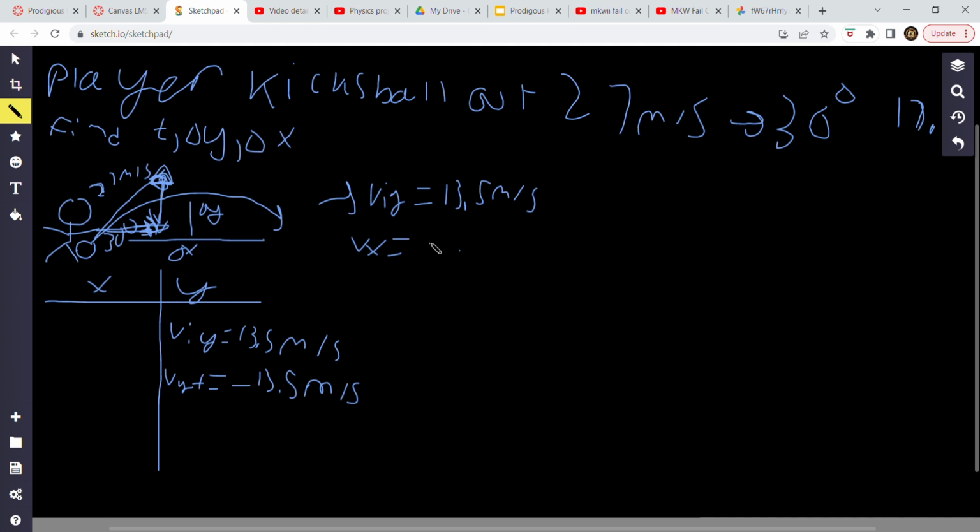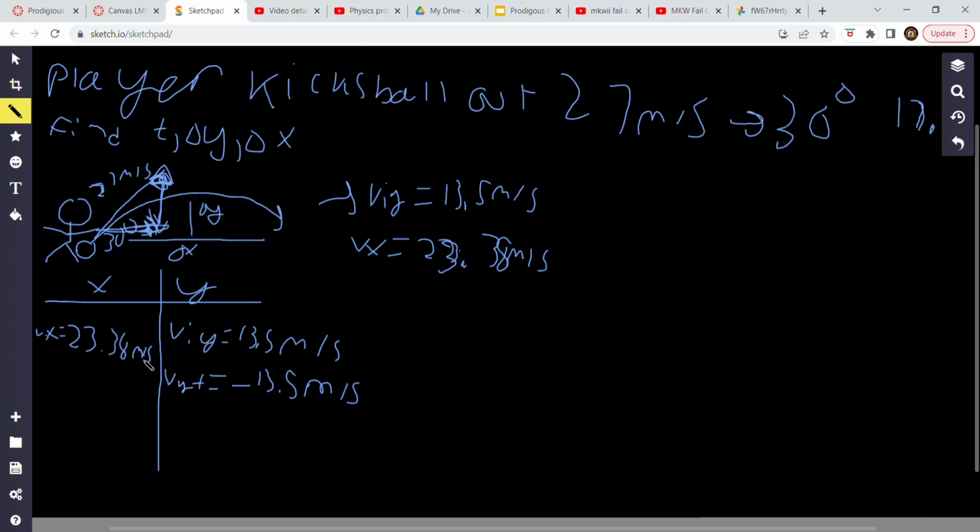We're going to get 23.38 meters per second. So Vx equals 23.38 m/s.